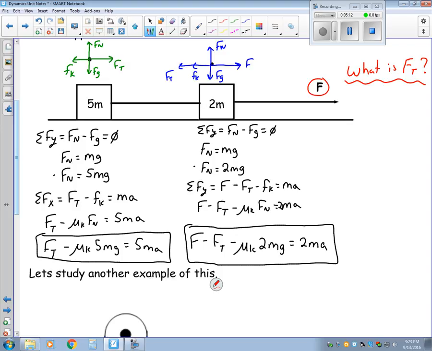So the first equation would look like F_T minus mu 5mg, over 5m. And then the second equation, and I could set those two equal to each other.